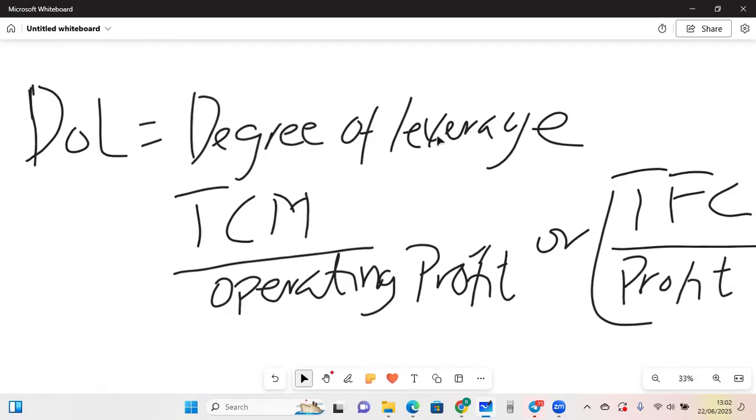And if the organization is closer to break even, then it has a higher degree of leveraging, right? Because its break-even point is low. But if the organization has a higher break-even point, then its degree of leveraging is not high. So it's less risky, right?